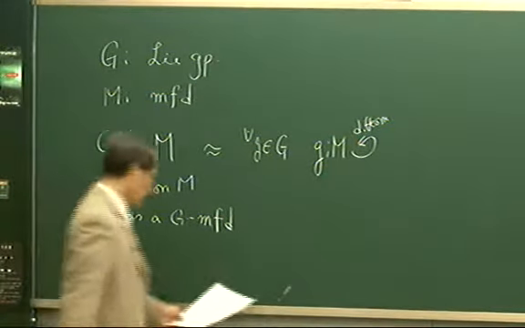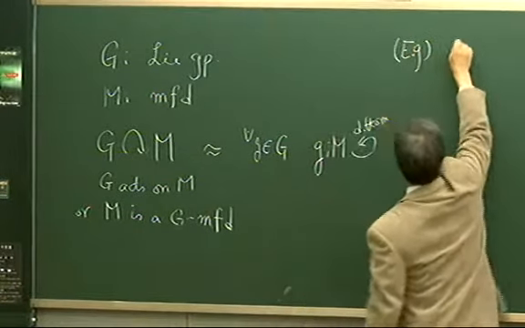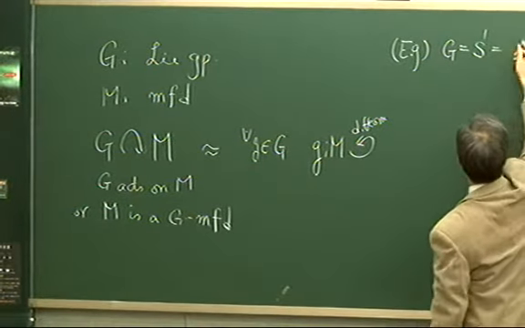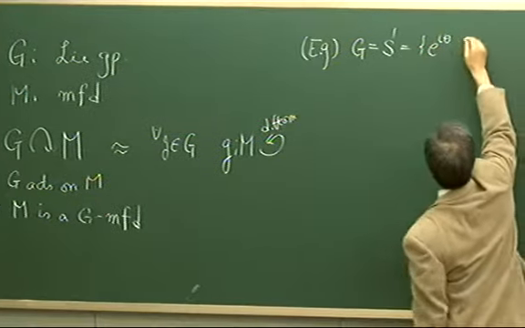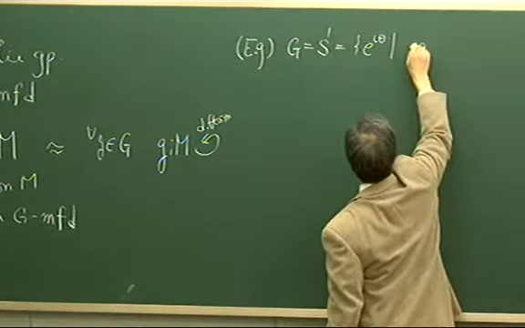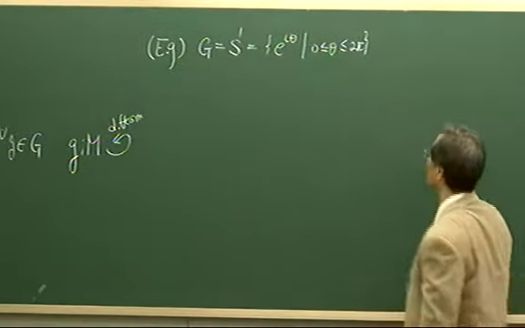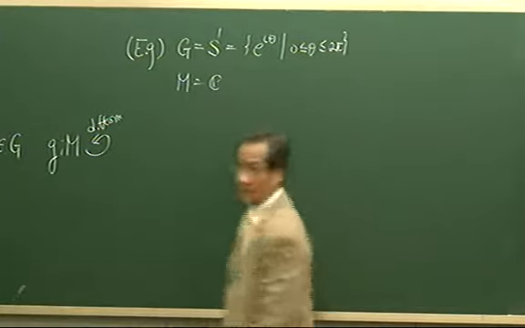Okay, let me give you one example, a very simple one. G is the circle group, which is the set of all e to the i zeta, and M is the complex plane.